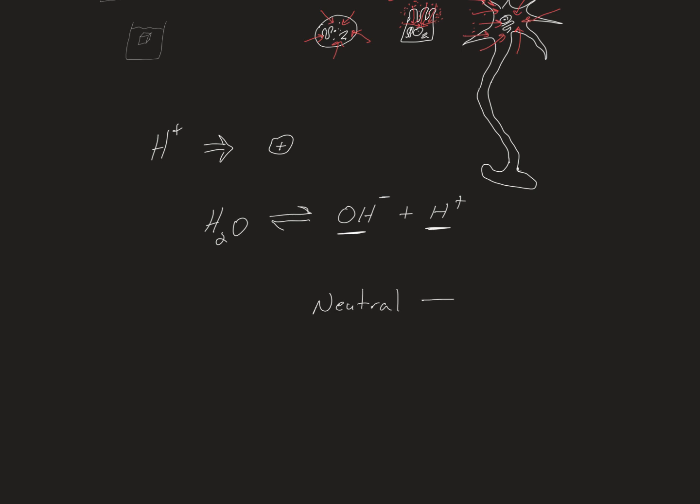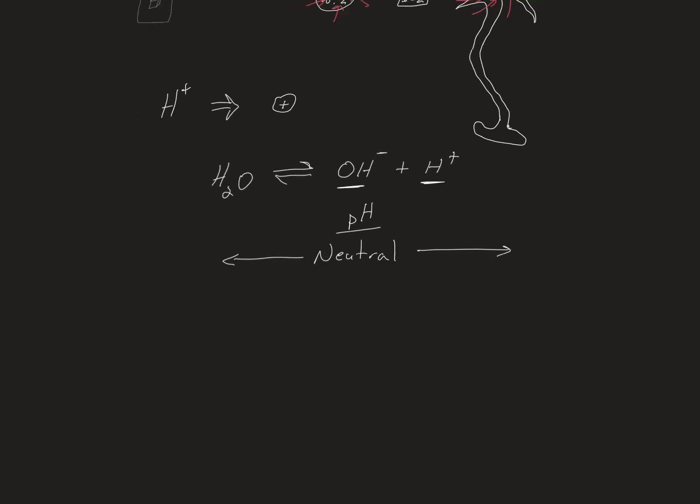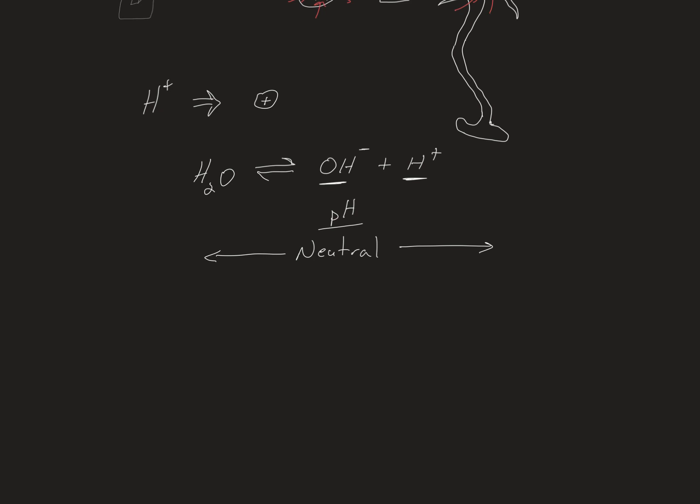If you have a lot of hydrogen ions, of course, you've heard of this term pH, I'm assuming. So there's neutral, where the concentration of hydroxide ion and the concentration of hydrogen ion are equal. The square brackets mean concentration: H plus concentration is equal to OH negative concentration.